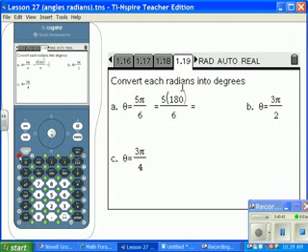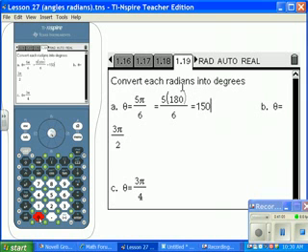Make sense? Pi is 180. We just substitute it in. Now, when it's not in terms of pi, that's when we have to use the degrees over radians equals 180 over pi. So what do we get? Huh? 150 degrees.